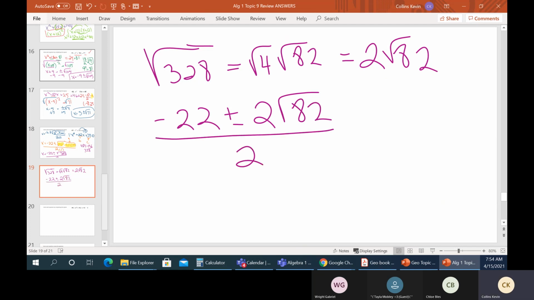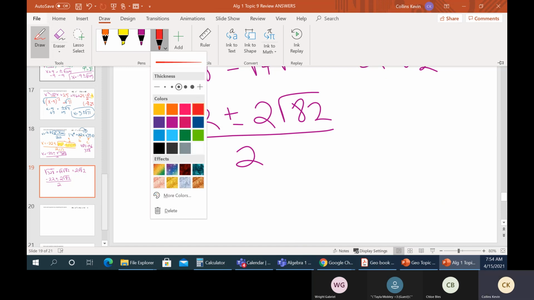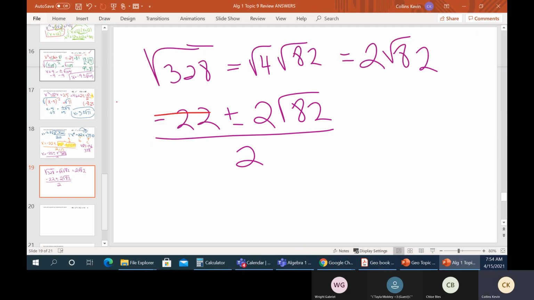All right, so the useful part about this is they're all even numbers, which means I can divide everybody by 2. So minus 22 divided by 2 is negative 11. That one cancels, that one cancels, so I just get negative 11 plus or minus the square root of 82, and then equals x.